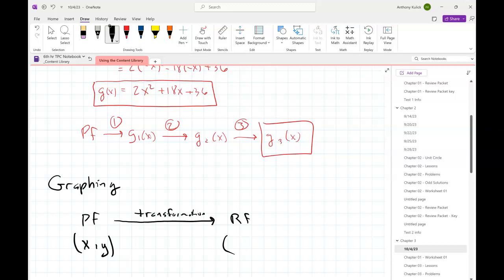Well, to transform the points in our parent function to the resultant function, we can just do cx plus h and then ay plus k.